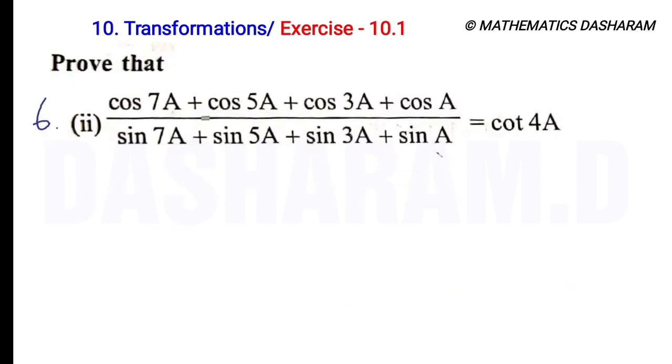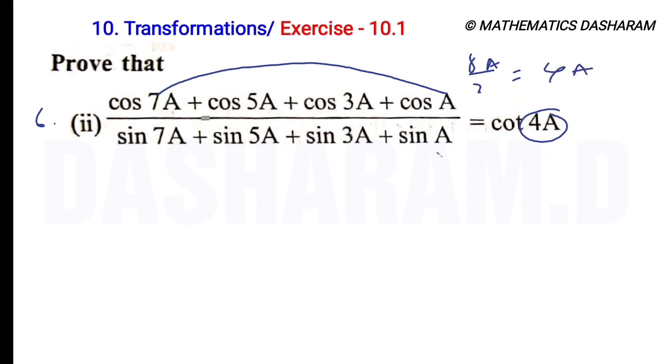Second problem: cos 7A plus cos 5A plus cos 3A plus cos A by sin 7A plus sin 5A plus sin 3A plus sin A, it is equal to cot 4A. So here to get the 4A, 7A plus A is 8A, 8A by 2 is 4A. Next 5A plus 3A is 8A, 8A by 2 is 4A.